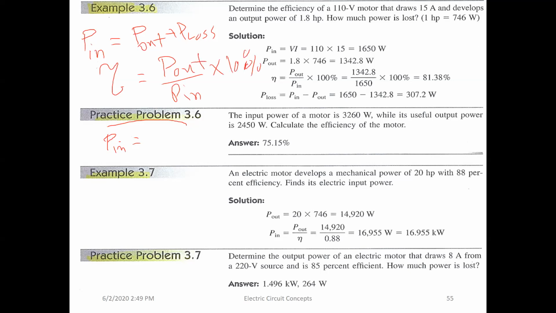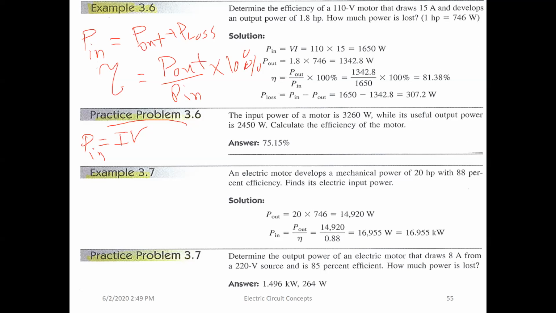Okay, having these two formulas next to you, something else you also need to have ready is the power law. P equals V times I. This is usually the input power. The input power is coming from this formula. V is the voltage applied to the load or to the machine, and I is the current flowing through the machine.